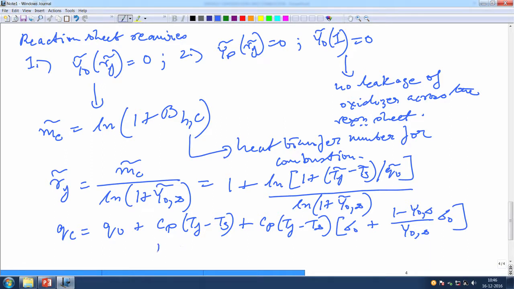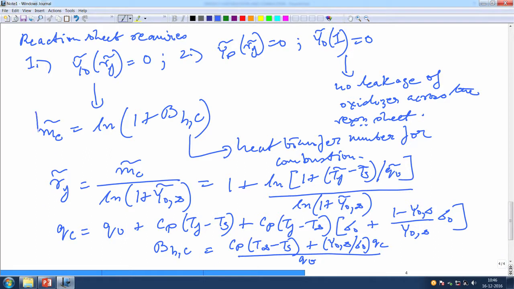And lastly the heat transfer number is basically Cp into C infinity minus Cs, okay, plus Y0 infinity by sigma naught into Qc divided by QV. Got it?